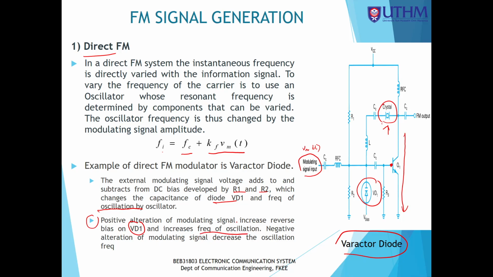So during the positive alterations, it will increase the frequency oscillation from FC plus delta F. Okay, so positive alteration of the modulating signal will produce FC until FC plus delta F maximum. And then negative alteration of the input modulating signal will decrease the carrier frequency until FC minus delta F.